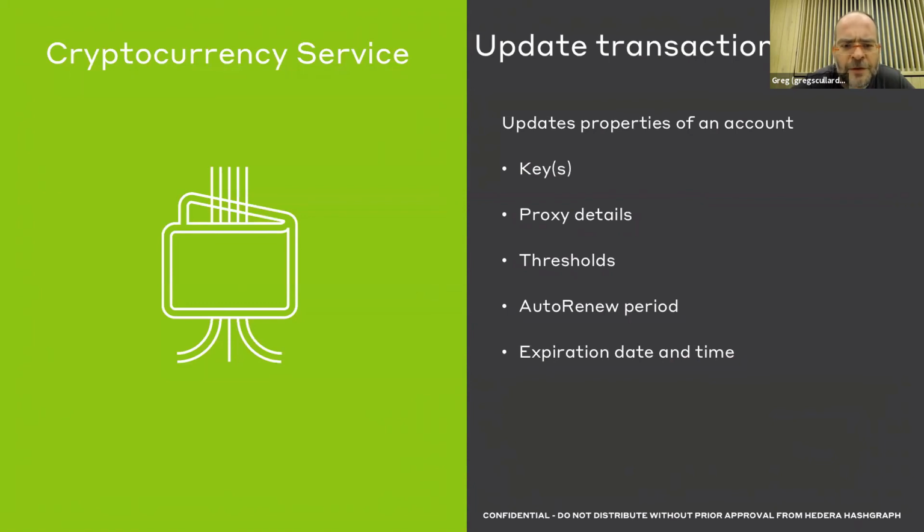If she wasn't signing for that transaction and I was the only one to do so because it's my account, and I sent it onto the network, the public key would be updated, and then Simi would try and transfer some funds out of it, and the network would say, well, your private key doesn't match our public key, and the account is therefore stuck, and the hashbar is lost. So any change of keys, and this will apply to files and smart contracts as we move through the presentation, requires signature from the previously authorized key holders and the new key holders as a safety precaution.